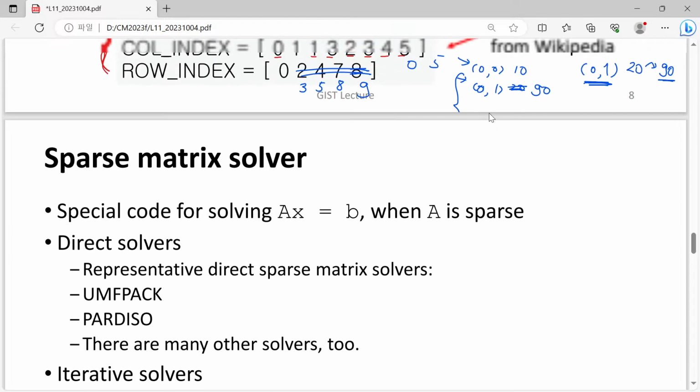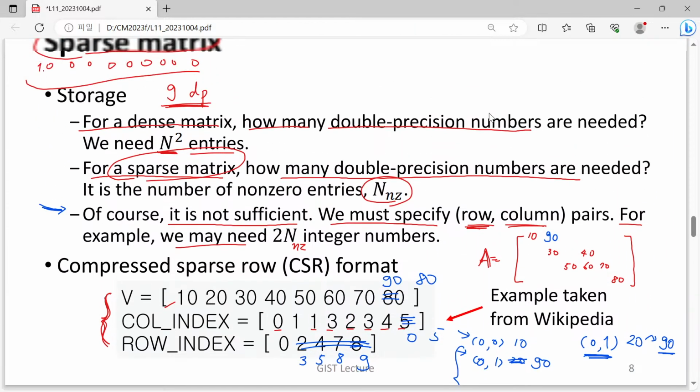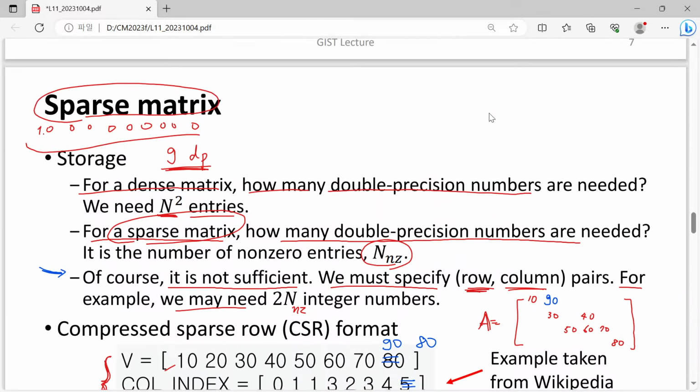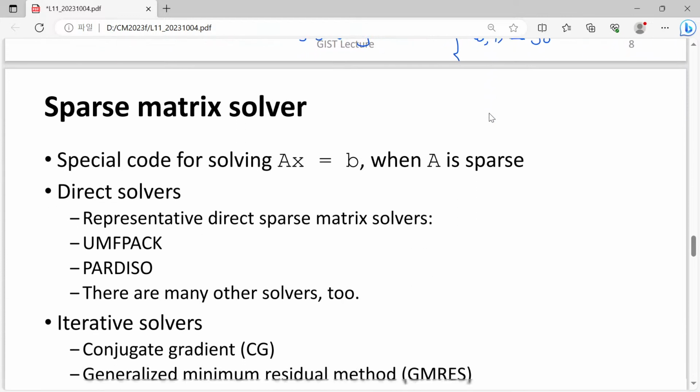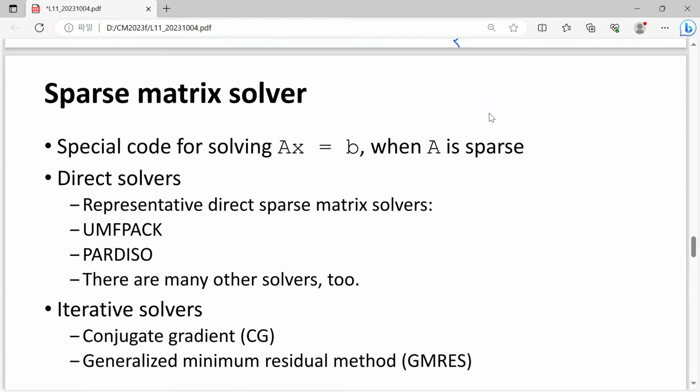So up to now, I have spent time on storage description, but more importantly, in my opinion, it is related to the solver itself. I mean that the ultimate goal is solving AX equal to B cases.